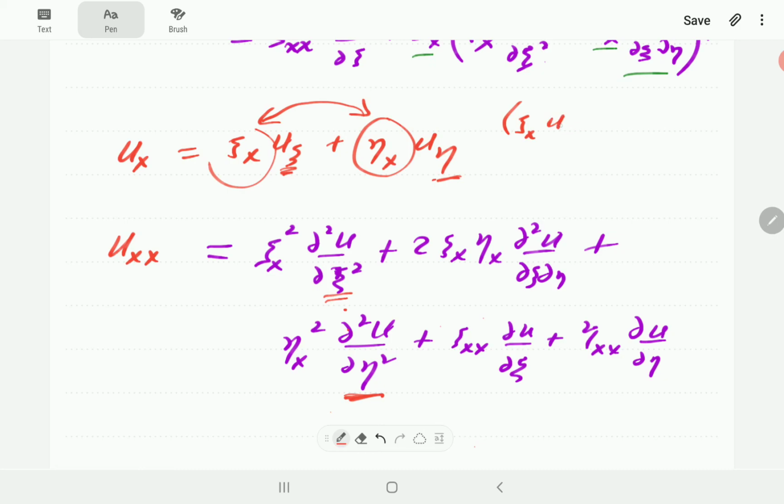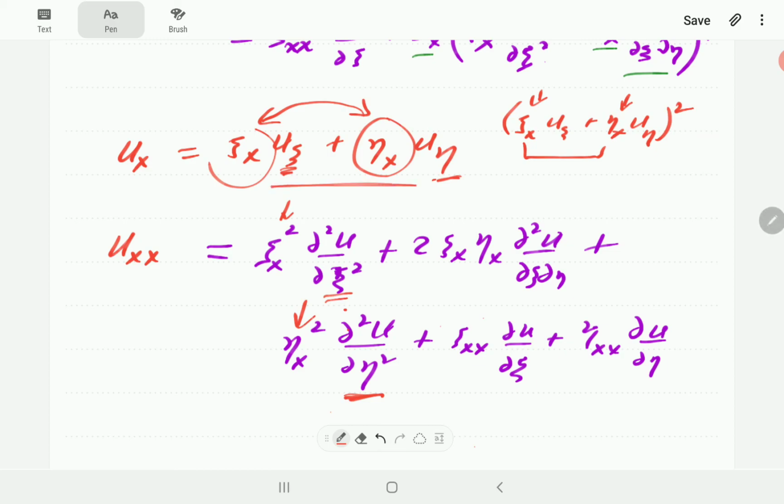So if you were to do this, then just in terms of the coefficients, the first term coefficient is going to be xi_x squared, the last term coefficient is going to be eta_x squared, and the middle term coefficient is going to be 2 times this times that, and that's always going to be the case for the second order derivative terms.